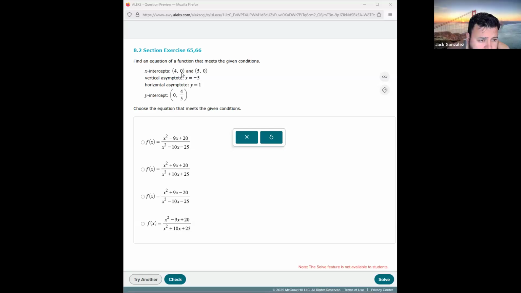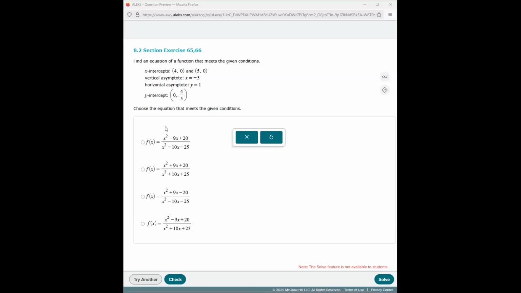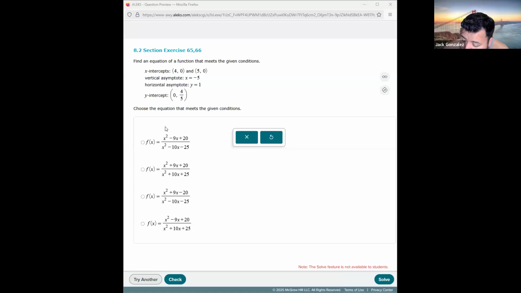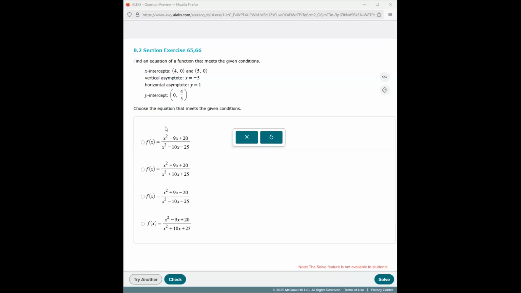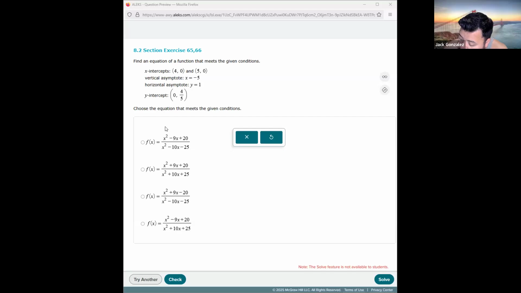But if we were going to use this information to rule these out, let me write this down, like if you didn't have anything to match. A function that meets these conditions.